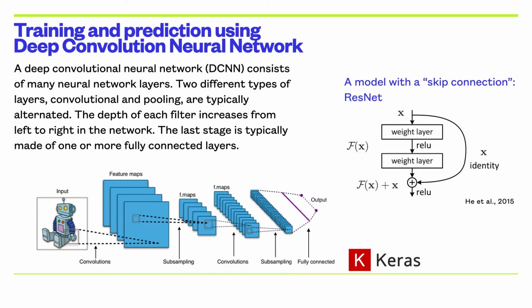And for this model, we used ResNet, which has a function called skip connections. These connections between layers add the output from previous layers to the output of stacked layers. So this results in the ability to train much deeper networks than what was previously possible.